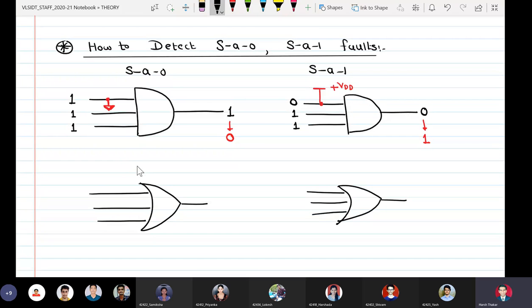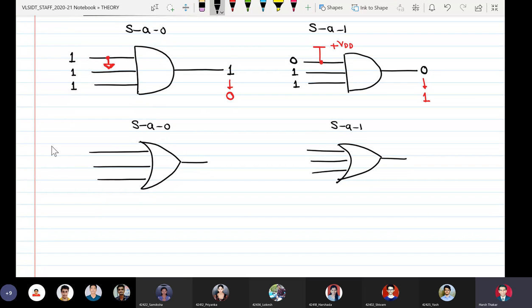For SA0, I will apply 1, so the output should be 1.